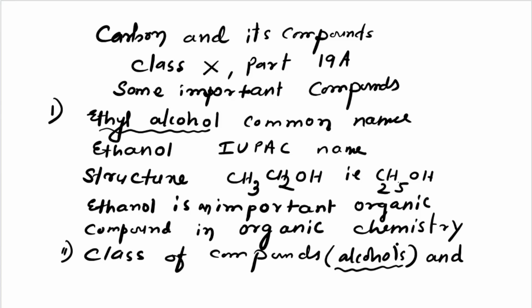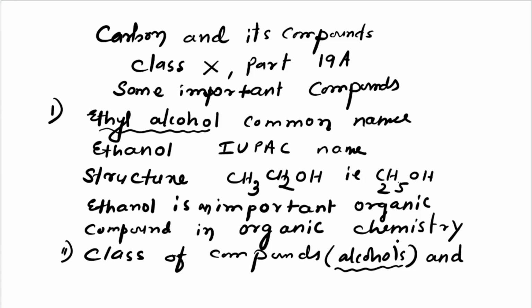Alcohol is a functional group, which you can study in higher class along with other compounds. For this syllabus, only ethyl alcohol is there. When you go to higher class, you can read all types of alcohols and all the acids.